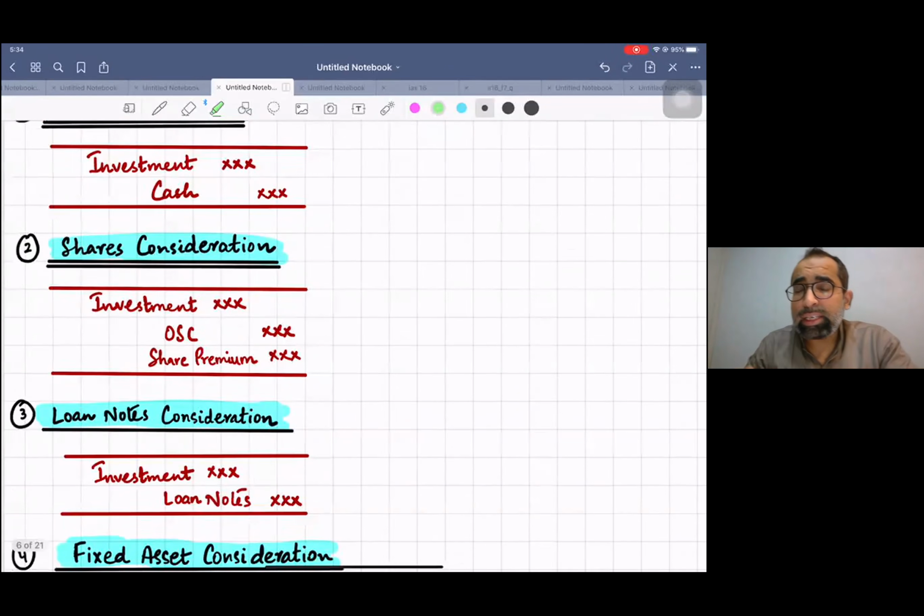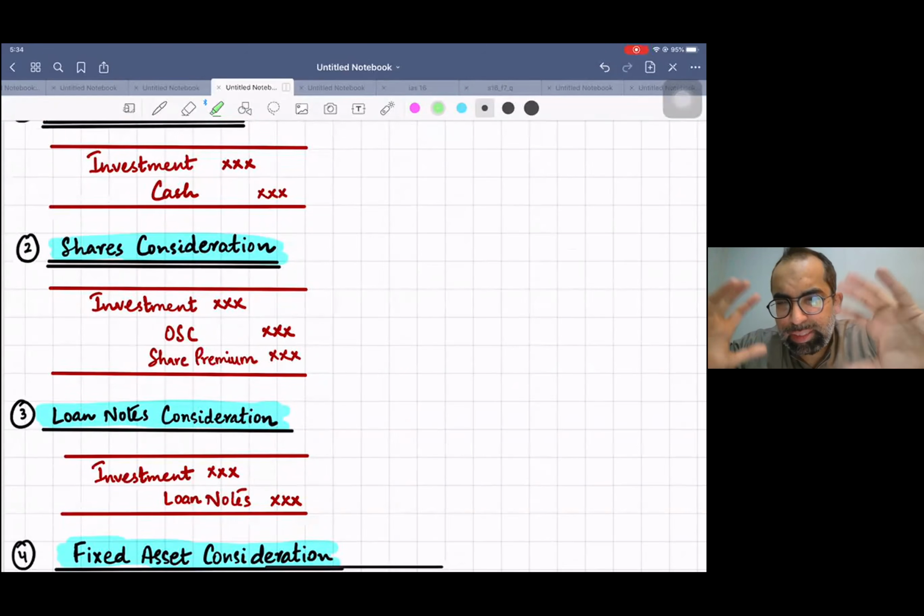Sometimes the parent company issues its own shares to S company's existing owners. It means in reality it's like an exchange of shares. The parent company buys S company shares, and in return the parent company issues its own shares, right? So what's the entry?